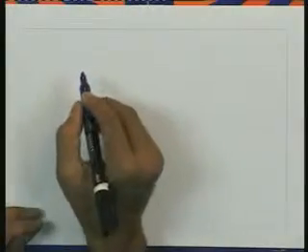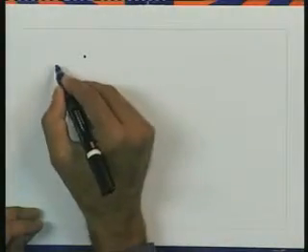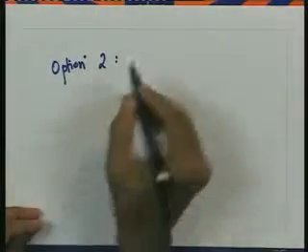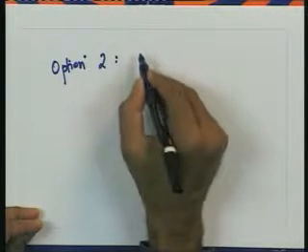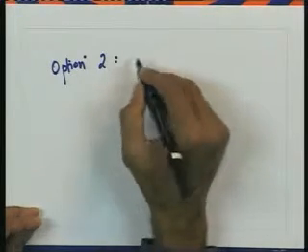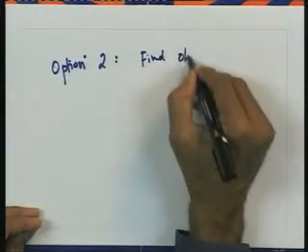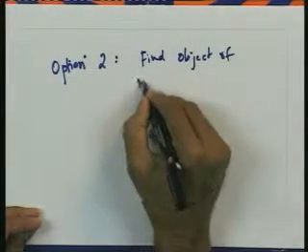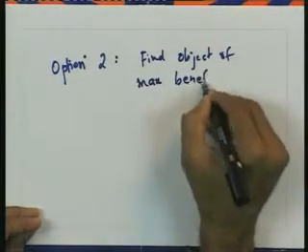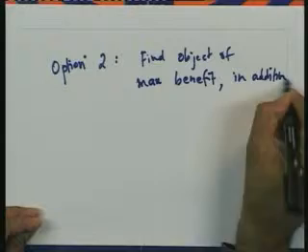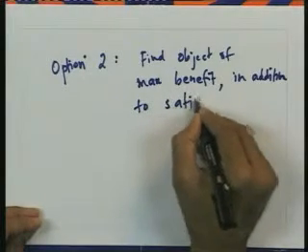Optionally, we might also have an alternate definition. Option 2, it could be stated differently. Instead of asking for the object of least cost, we want an object of maximum benefit. Find an object of maximum benefit, of course, in addition to satisfying the given constraints.